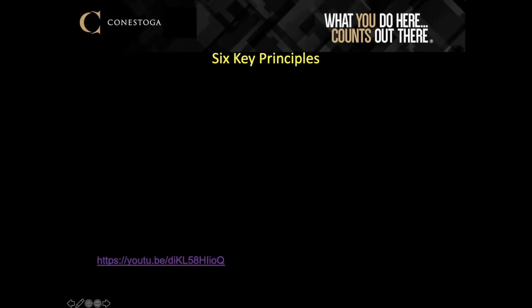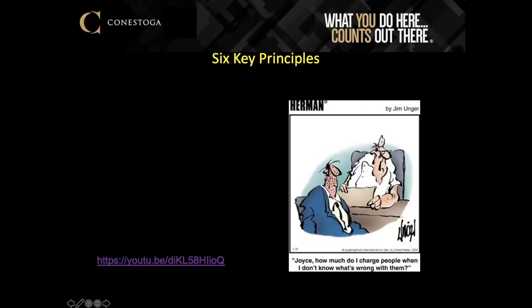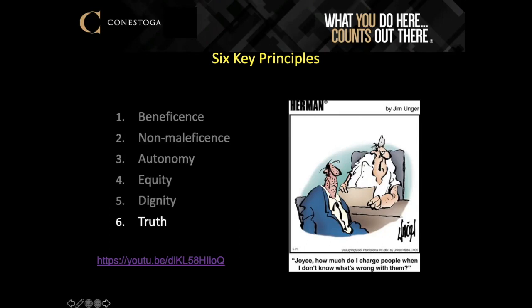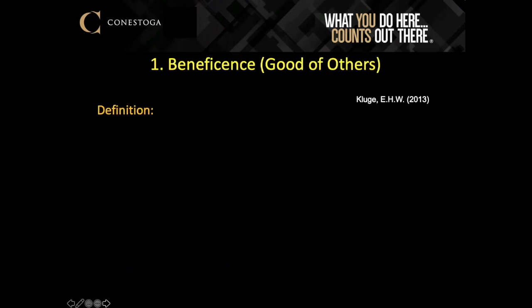Okay, so let's quickly review where we're at. We've talked about the principles of beneficence, non-maleficence, autonomy, equity, dignity, and truth. The first one we had is beneficence, which is about doing good to others.